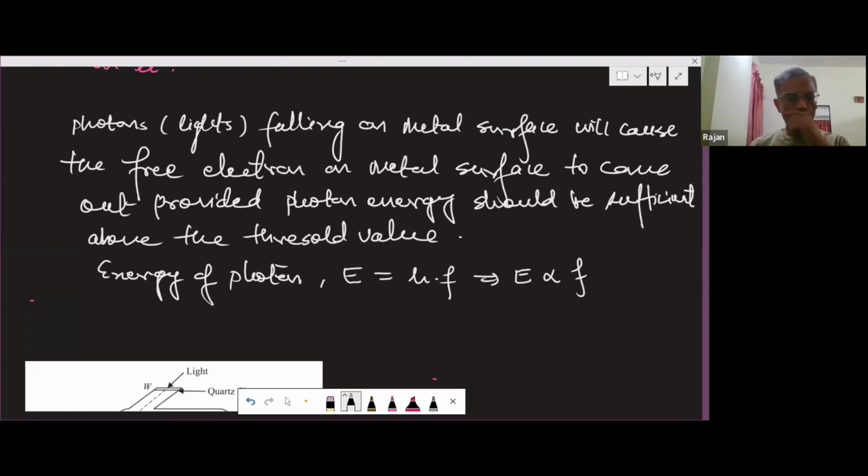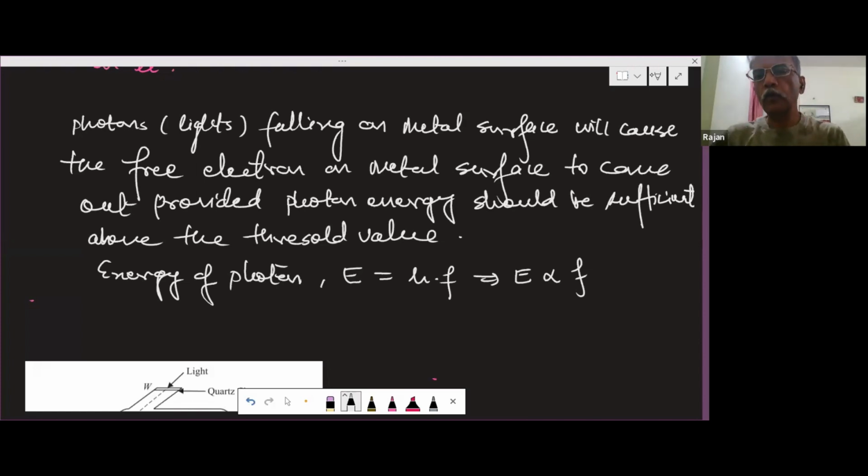So your f must be such that it is at least up to the work function. That is the minimum energy required to liberate the electrons out of the surface, and this frequency is known as the critical frequency, or threshold frequency. Is it clear up to that?